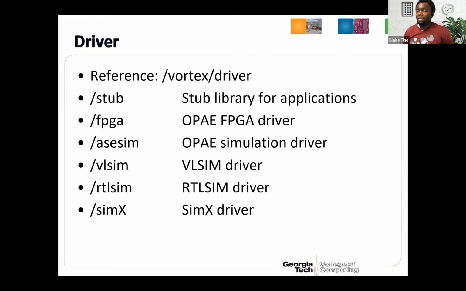We have a common interface for our driver API in Vortex. We have different implementations of the driver, but they all follow the same interface. The stub folder is where we have the stub library that the application should link against.